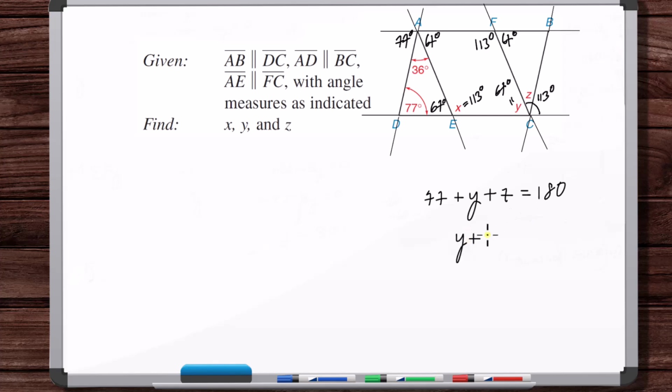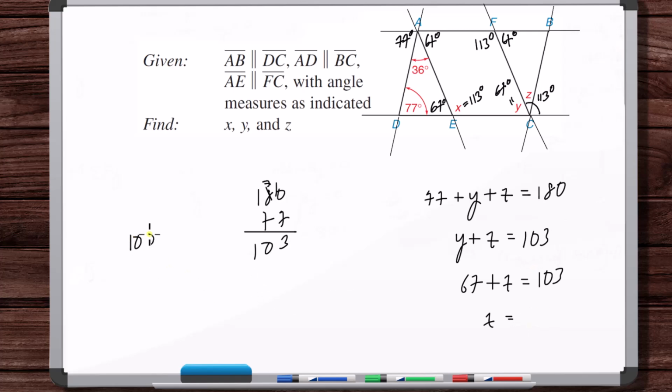So y plus z is equal to 180 minus 77, which is 103, but y is equal to 67. So z is equal to 103 minus 67, so 36. So z is equal to 36 degrees.